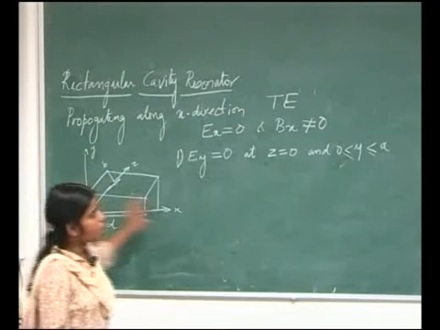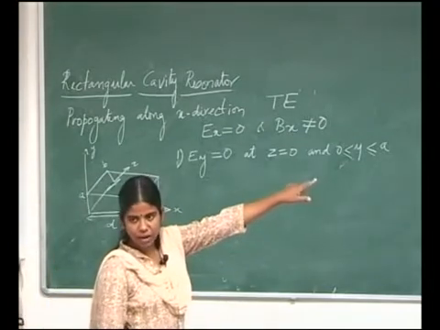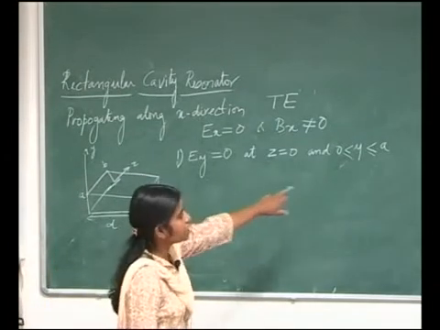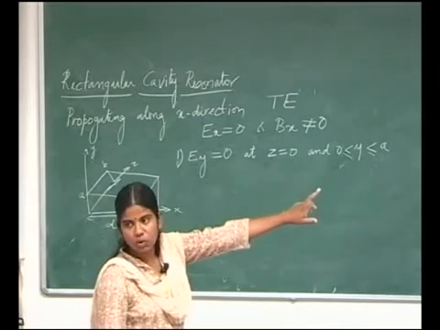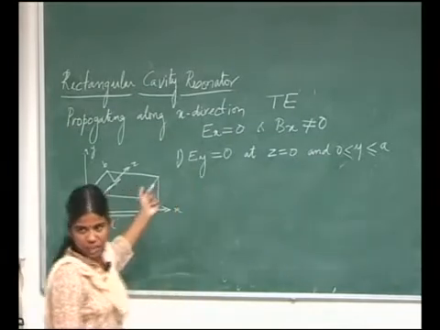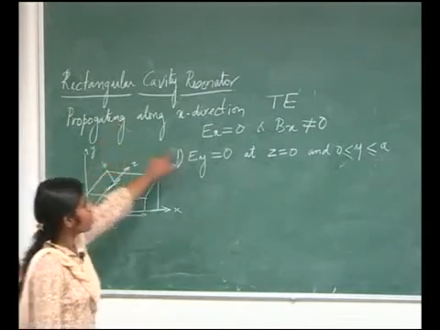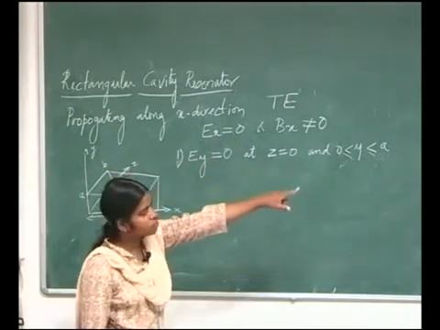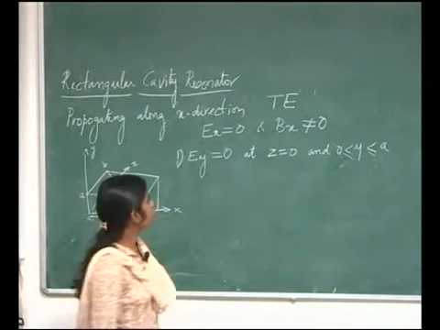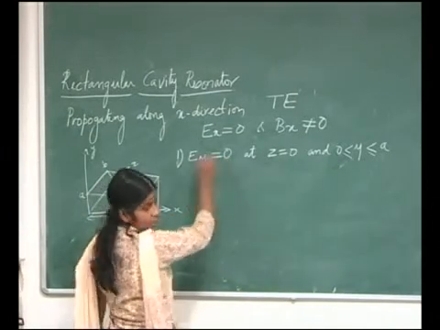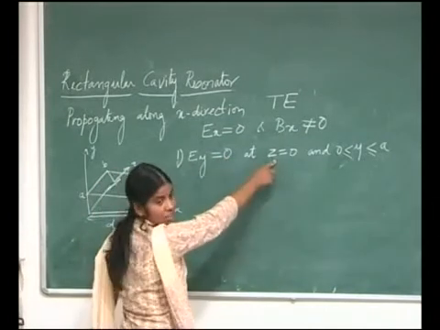Now I take the expression for Ey, and you see that the first term with Ex is 0. Ex is 0 for the TE mode, because propagation is along the x direction. So the first term goes off. I have now Ey is 0 at z equal to 0.